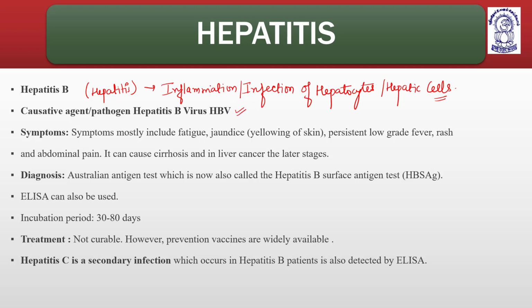Symptoms mostly include fatigue, meaning a person complains that he is not able to work as before because there is a lack of metabolic rate. So fatigue comes due to a decrease in metabolic rate.